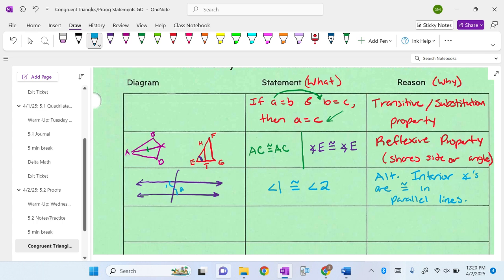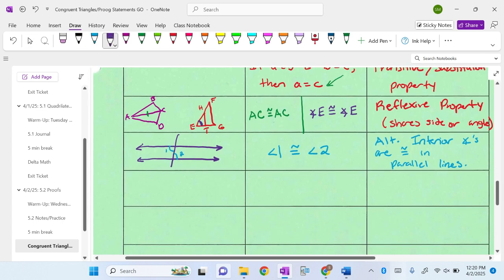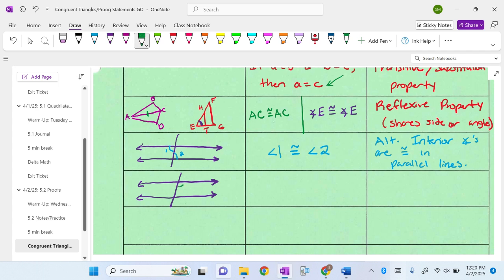The next property, still looking at parallel lines cut by a transversal. But now I'm looking at this angle, which I'm going to call 1, and this angle, which I'm going to call 2. And I'm saying angle 1 plus angle 2 is equal to 180 degrees, or we're going to say that they're supplementary. Why can I say that? What property is this?